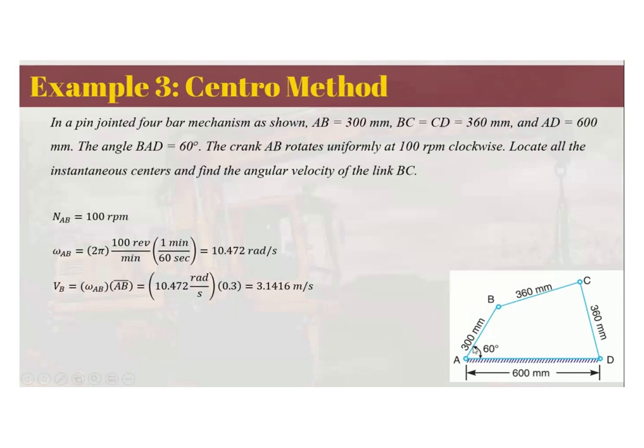So the velocity of B is the angular velocity WAB times this radius AB. Let's convert it to meters so that our result is the velocity of B in meters per second.